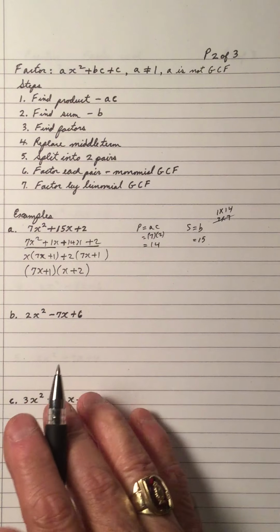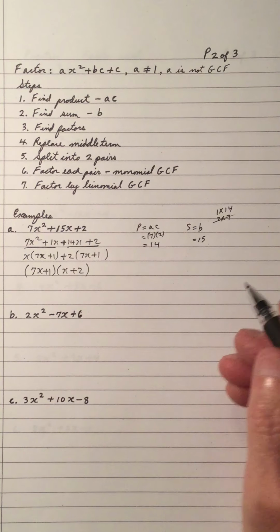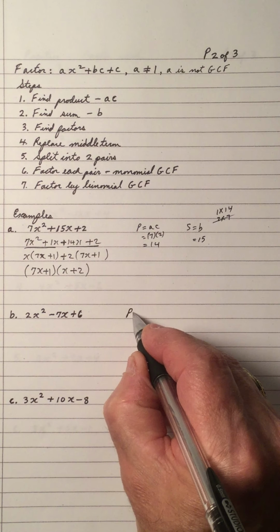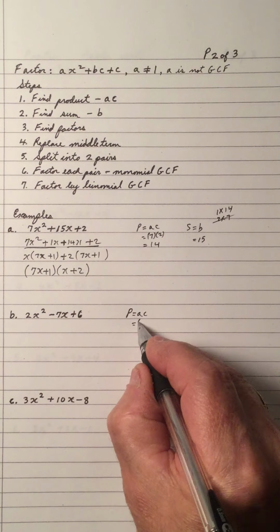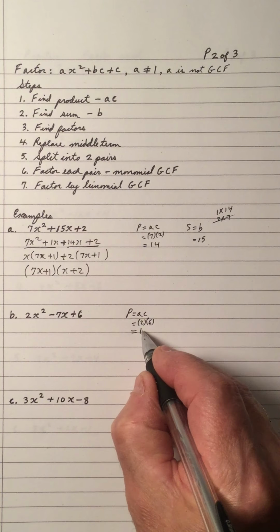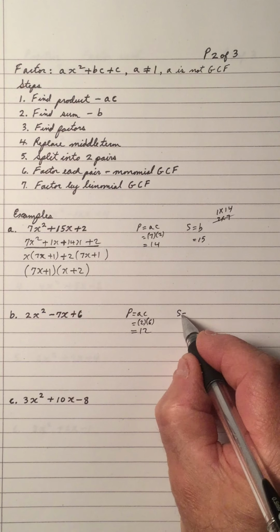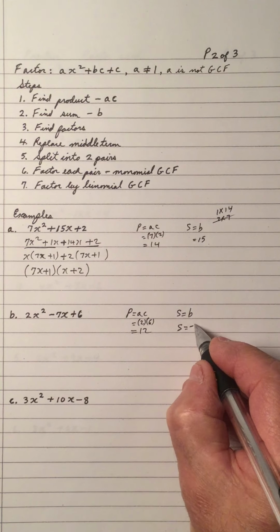Let's try another one, because once you get used to it, you just keep repeating. The product is A times C. A is 2 and C is 6, so the product is 12. The sum is the B, so the sum is negative 7.